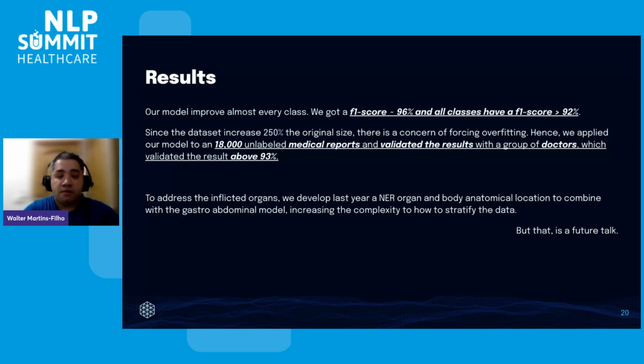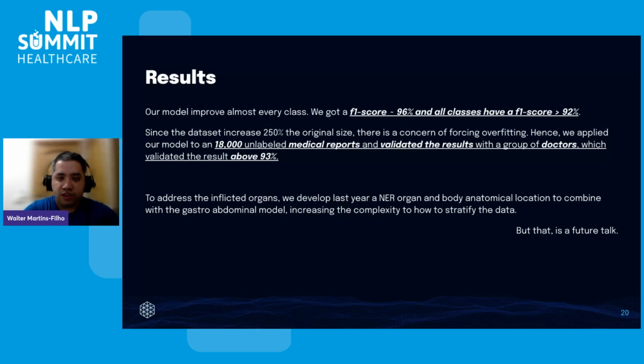The next problem was how to correlate that, or how to know which non-chunk token is exactly a body location, an organ, or maybe a symptom. So we tried to address this problem, developing by the end of last year a named entity recognition model that we combined with our gastroabdominal model based on BERT transformers.